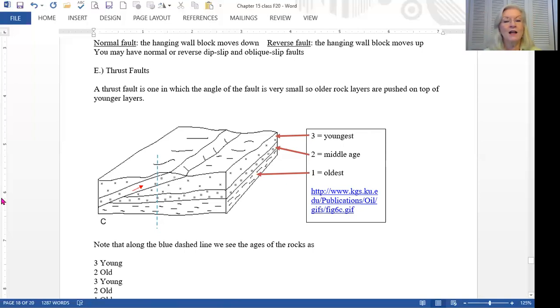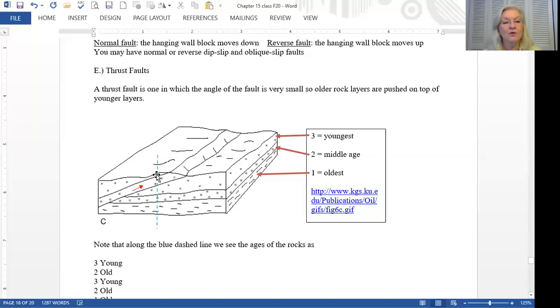And what that does is if these two blocks in the drawing are being pushed together, if the little break in them is gentle enough, the one on the left is going to slide on top of the one on the right. And that gives you an interesting pattern.